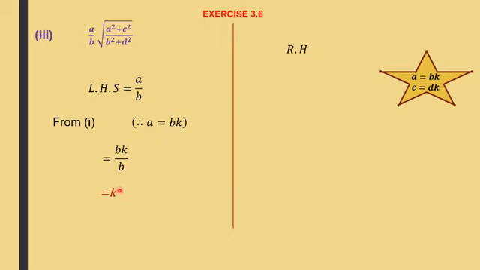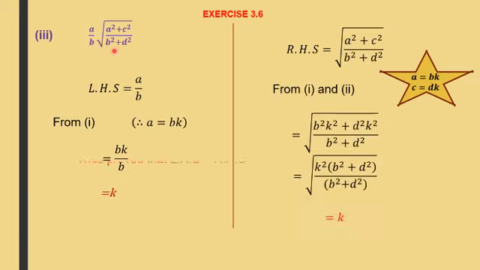The right hand side is square root of (a square plus c square) over (b square plus d square). From 1 and 2, replace a is equal to bk, so a square means b square k square, and c is equal to dk, so c square is equal to d square k square.